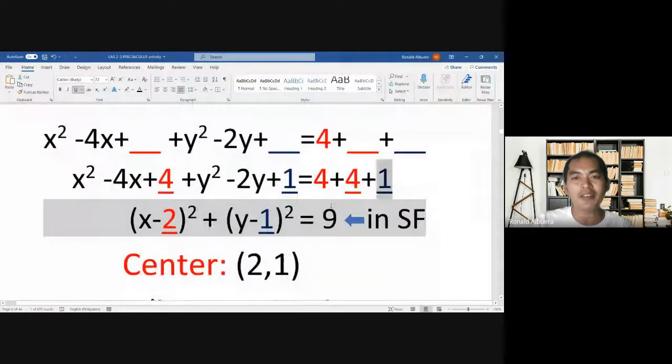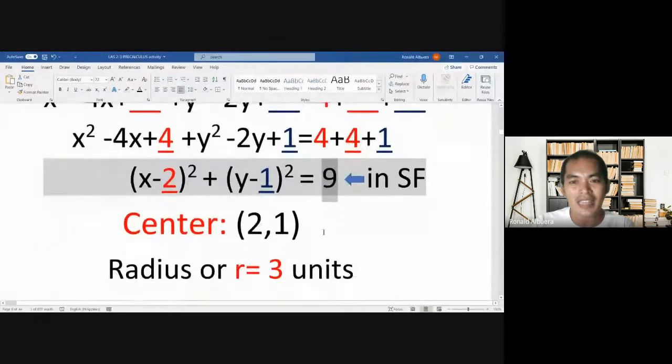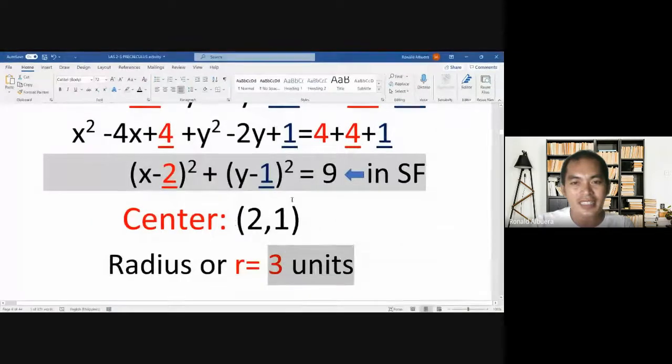Then simplify, 4 plus 4 plus 1, 9 on the right side. Square root of 9 is 3. That's the radius. And then for the center, opposite of negative 2 is positive 2. Opposite of negative 1 is positive 1. That's the center of the given equation of the circle.